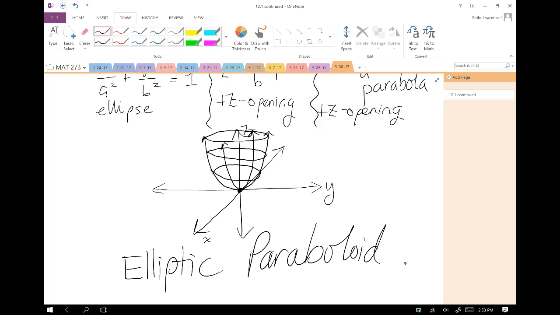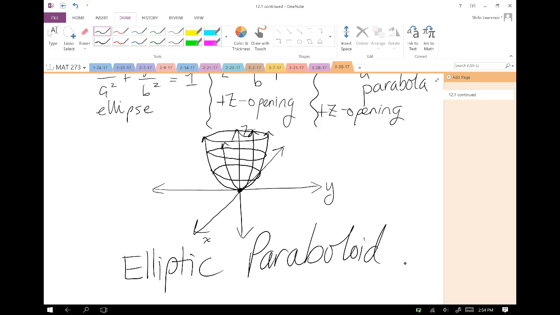No. Quadratic just means there's squares in the problem. The ellipsoid means it's made out of ellipses. So that doesn't take into account the parabolas. There are several more that we need to talk about.